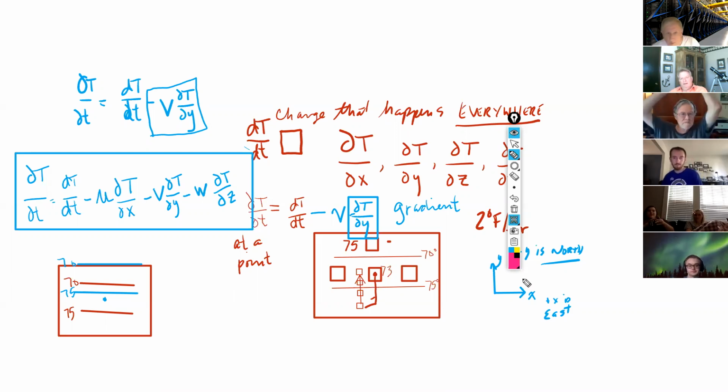The derivative at a point is equal to the total derivative minus the change in zonal winds, the change in meridional winds, and the vertical winds. It's subtracting the change of all those winds from the total change.